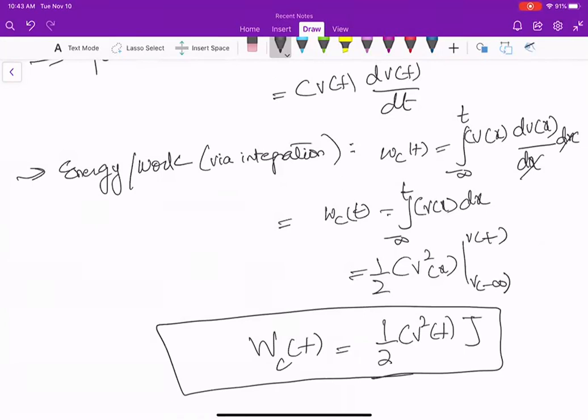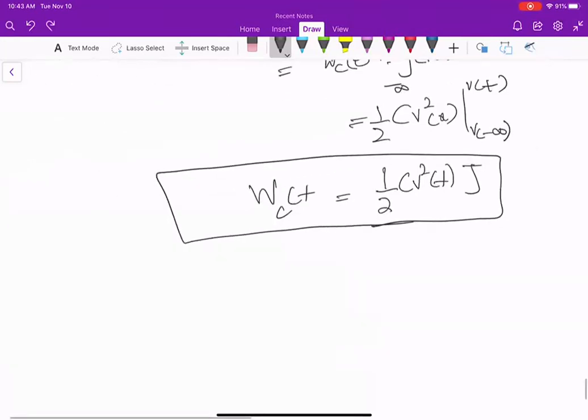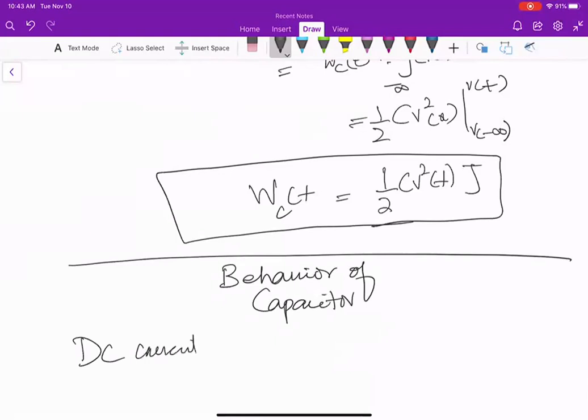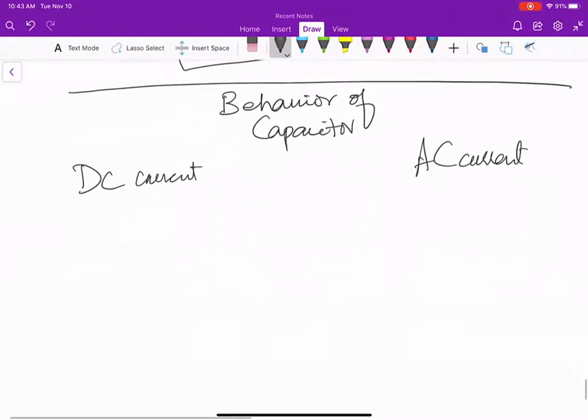Okay, so one more thing I think is important here: the behavior of a capacitor is different in case of DC current and in case of AC current. You have seen that we were all the time talking about the capacitor being charged, with no current flow, but we did not talk about that in case of AC current.